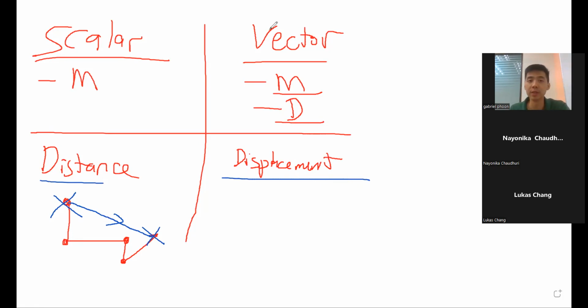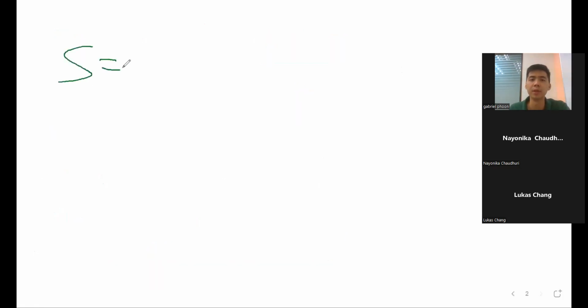Once we understood distance and displacement, we were able to formulate the two speed formulas. So in terms of speed, what's the formula for speed again, Macy? Good, it is distance over time.